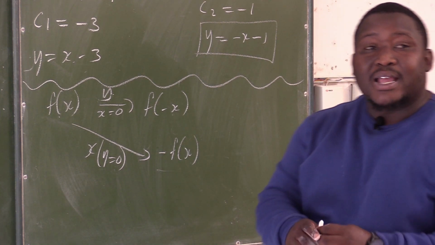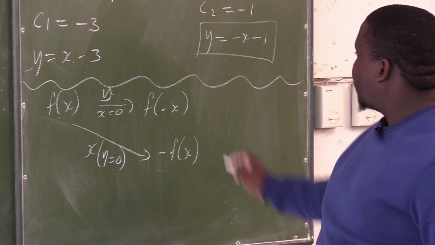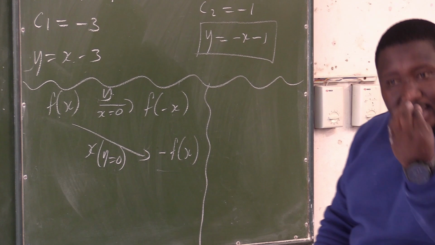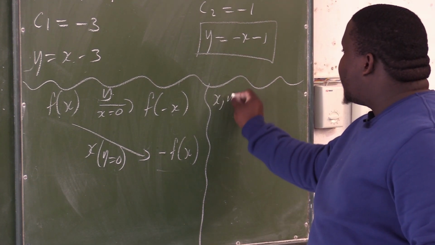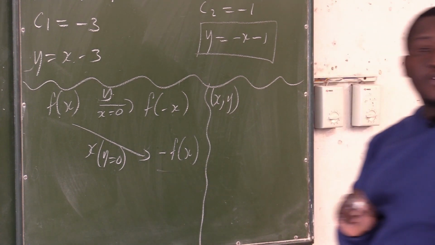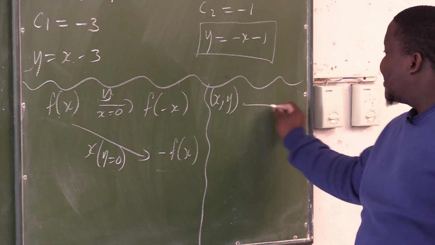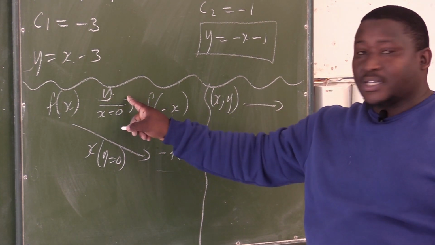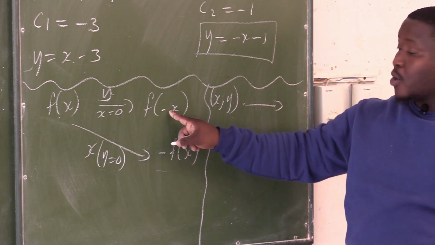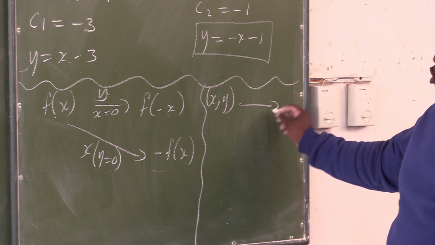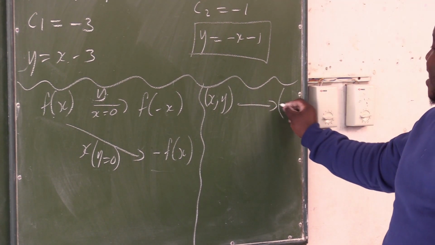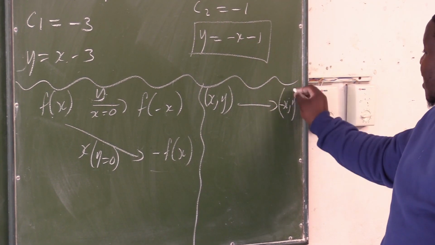Let's look at it now in terms of a point. Say you have a point x and y, from a general point of view. If you reflect this graph along the y-axis, what changes? x changes and becomes negative. So what will be the new point now? It will be negative x and y.